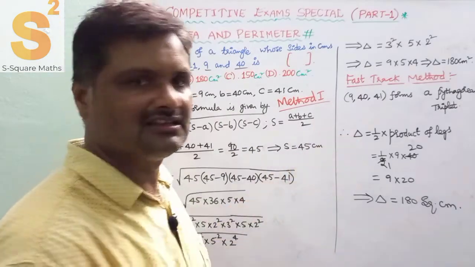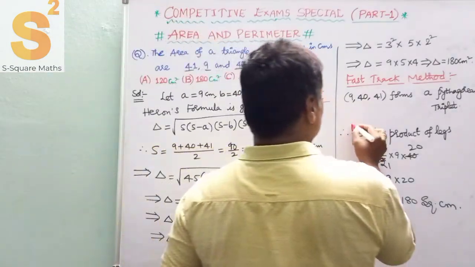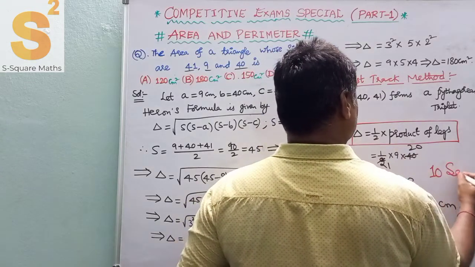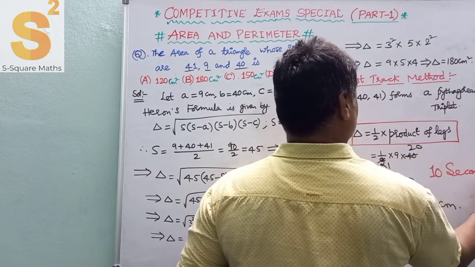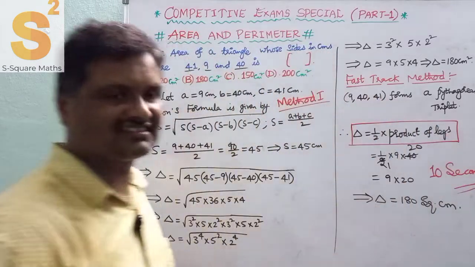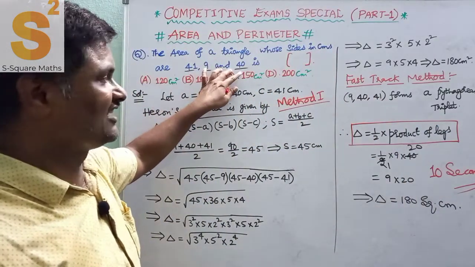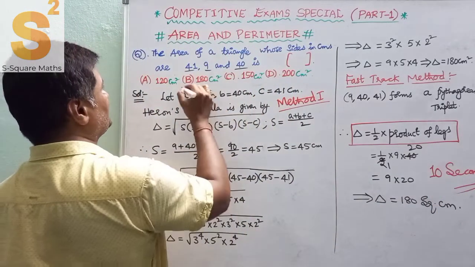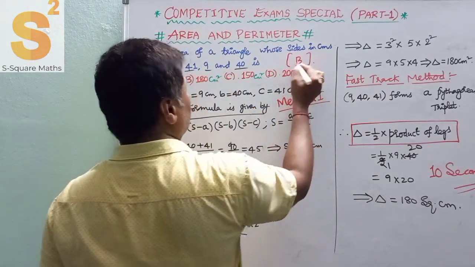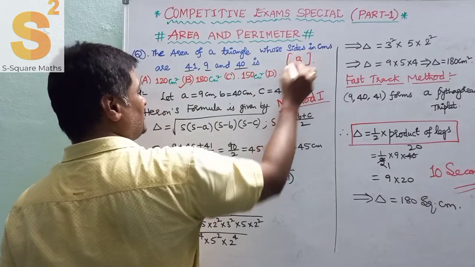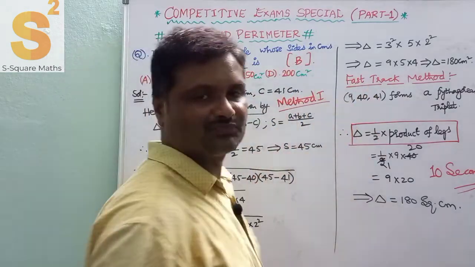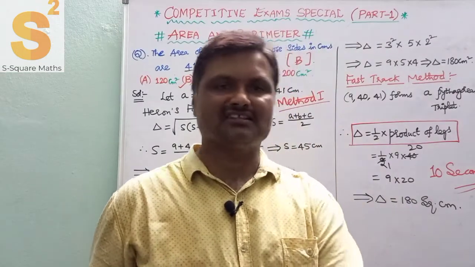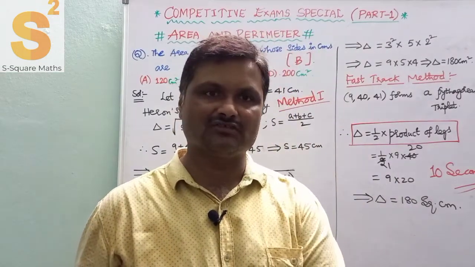So I think you have done this in generally 10 seconds, just the sides of the right angle Pythagorean triplet, just calculations. Here our option is B, but this Heron's method generally takes 2 minutes, 3 minutes, or sometimes 5 to 6 minutes also.